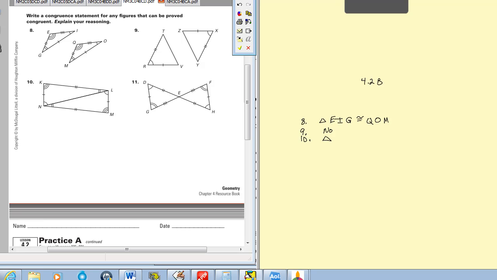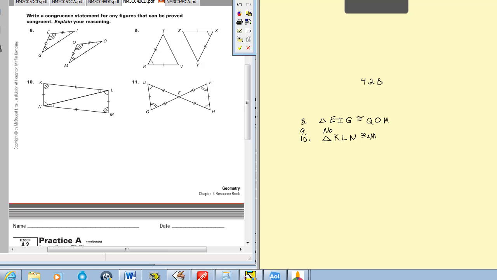So triangle KLN is congruent to, okay, I want to match my K angle, so M. Put my triangle symbol out front. Now, my L, do you see is the two little angle measure?